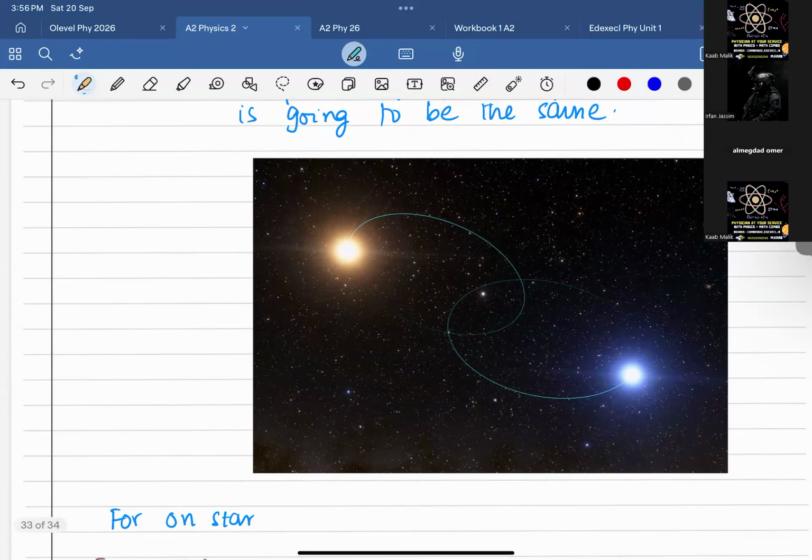This r is not the separation between the two stars, but this point. They're moving around a common center, and the center is right here.